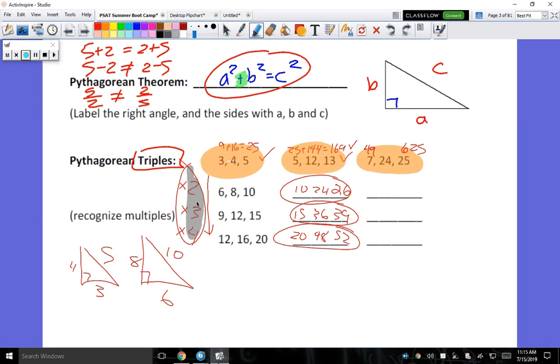We're just doing number sense and speed with the 7, 24, 25. What would this be? 14, 48, 50. And then? 21, 72, 75. Last one. 28, 96, 100. Nice number sense. Nice speed as well. Okay? And yes, you could check it. 28 squared plus 96 squared would equal 100 squared.